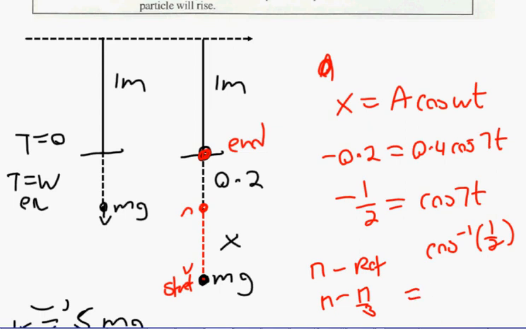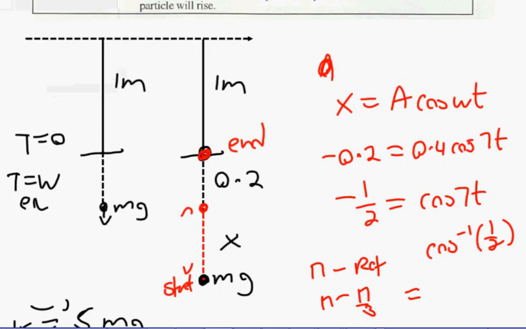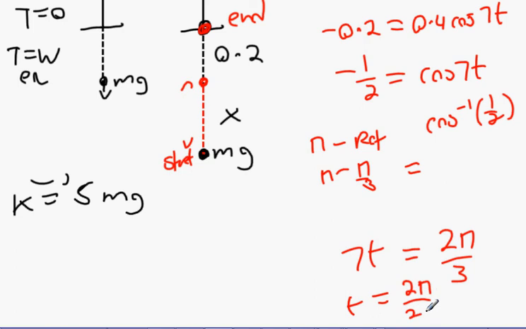So what we get for this angle is that 7t equals 2 pi over 3. T equals 2 pi over 21, right? 2 pi over 21.